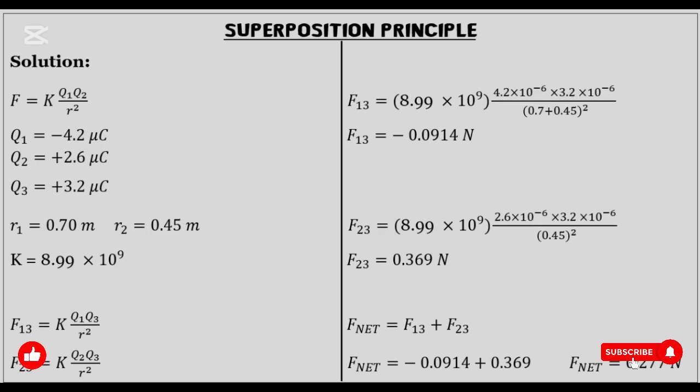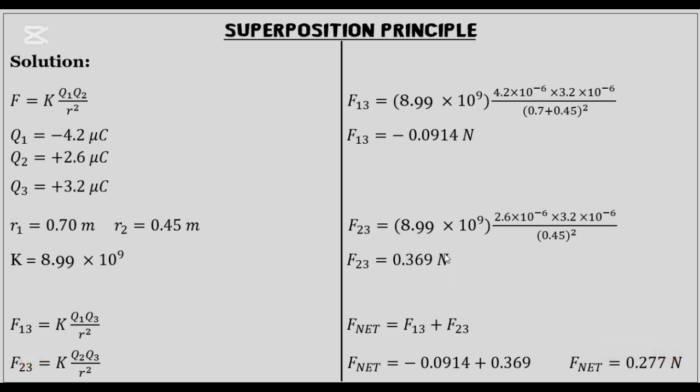Back to the solution, we added 0.7 to 0.45 to get our total distance. Then we square it. After computing F13, the value you have is minus 0.0914 newtons. That is the force F13.